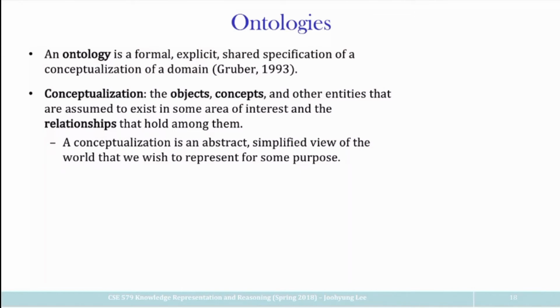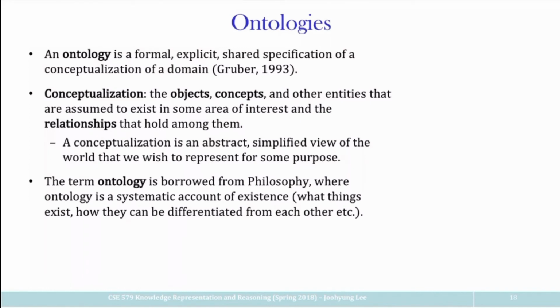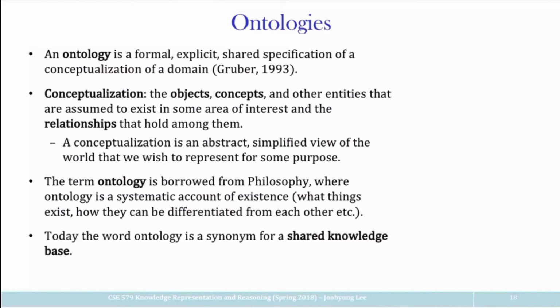So the foundation of the KR languages that we talked about. And no surprise, ontology languages are usually based on first order logic. Okay? So the term is borrowed from philosophy, and we are not actually using the same idea, but it's basically like an ER diagram or whatever concept-relation models that we can build.